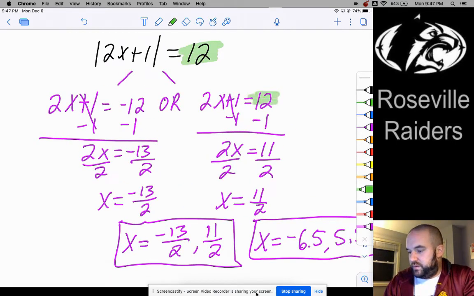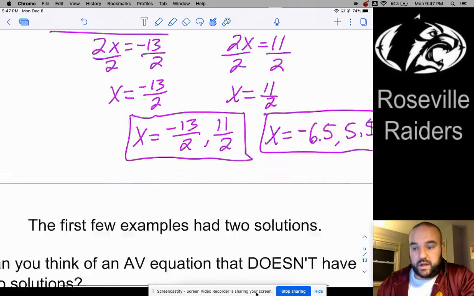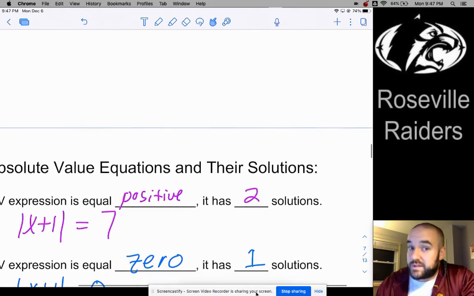So one equation was equal to positive 12, the other equation was equal to negative 12. Whatever was on the right side, across from the absolute value, one equation was equal to that number, the other was equal to the opposite of that number, so negative 12. We're going to do the same thing here.